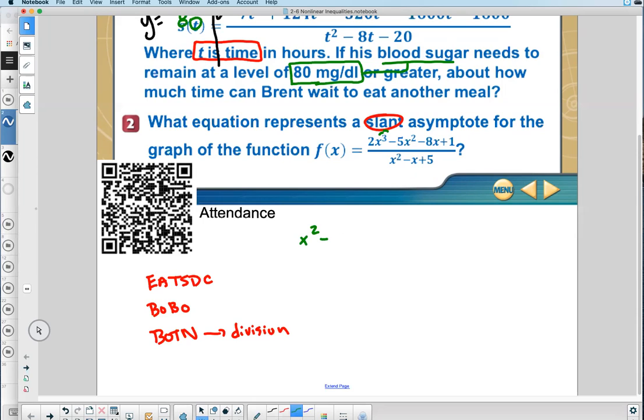So we do x squared minus x plus 5 dividing into, you do exactly what the problem shows, divide. Fraction means divide. Into 2x cubed minus 5x squared minus 8x plus 1. When we do long division, you ask yourself, what do I need to multiply x squared by to get 2x cubed?